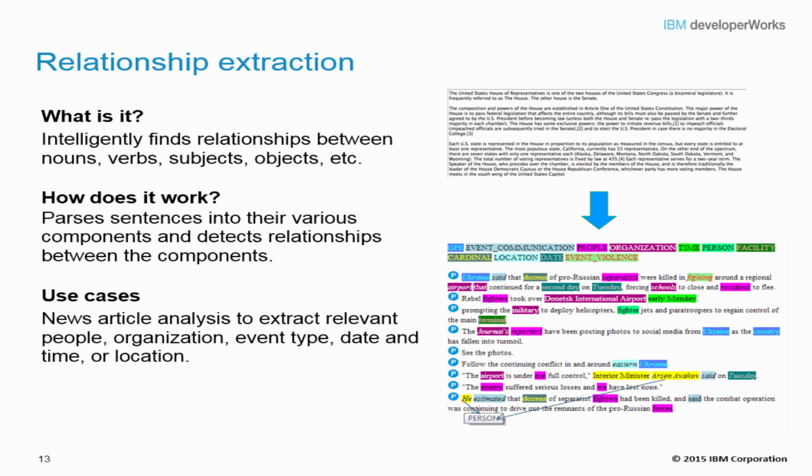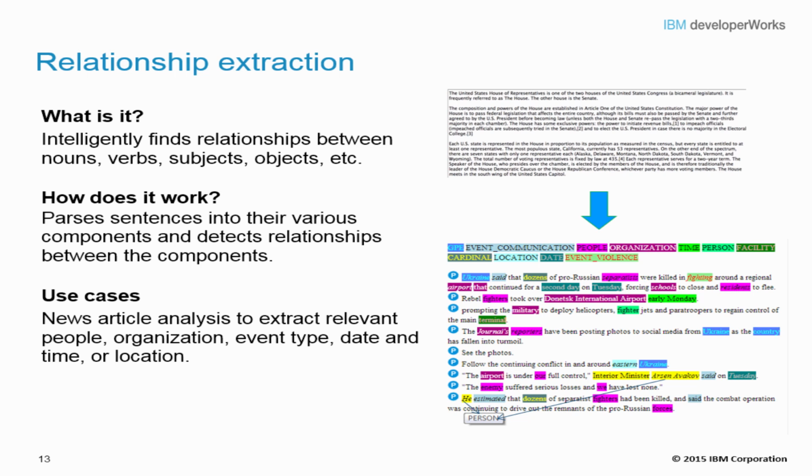Relationship extraction service parses sentences into their various components and detects relationships between the components. This service can process new terms like people names in a news feed, which it has never analyzed before through contextual analysis.